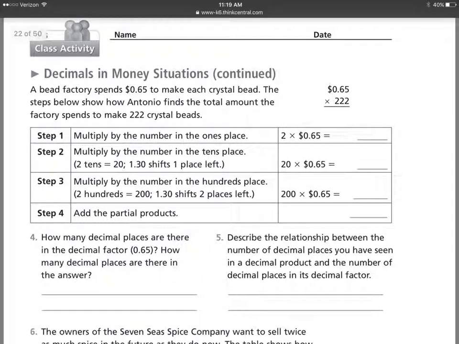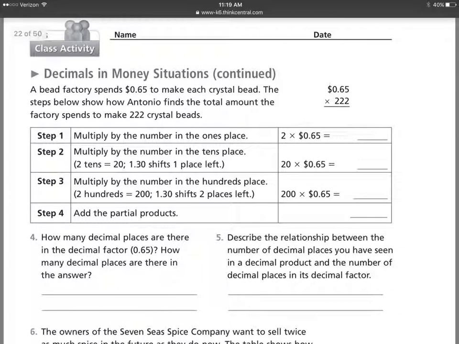Step 1 is to multiply the number in the ones place. So they're going to take the 2 and multiply that by the entire amount of 65 cents. Then here you will find your partial product. And then in step 2, you will take the 2 in the tens place, which is worth 20, and multiply that by the entire factor of 65 cents and find your second partial product.